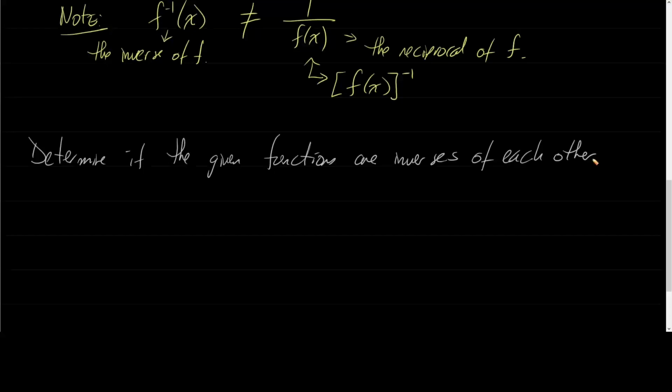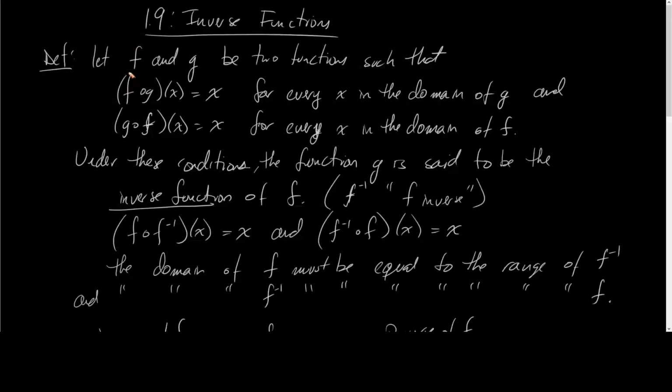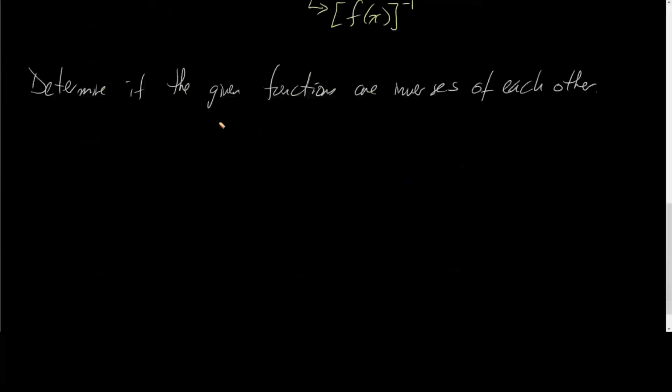So what does that mean? Well, by definition, we have to make sure that this piece right here is true. That when I compose f with g and when I compose g with f, I end up with my output being just x. All right, so that's what we're going to need to do.